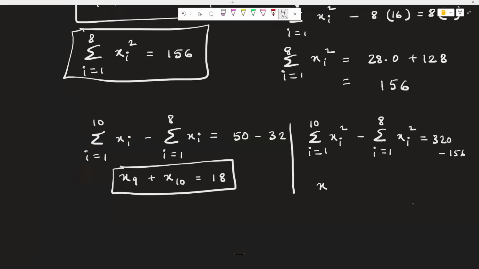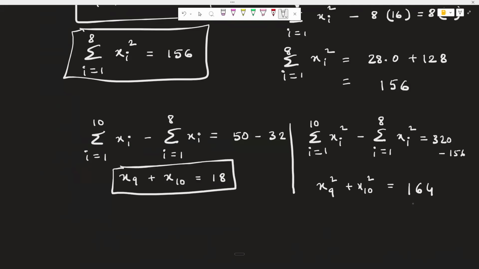So that we will get x9 square plus x10 square is equal to 320 minus 156, which is 164.